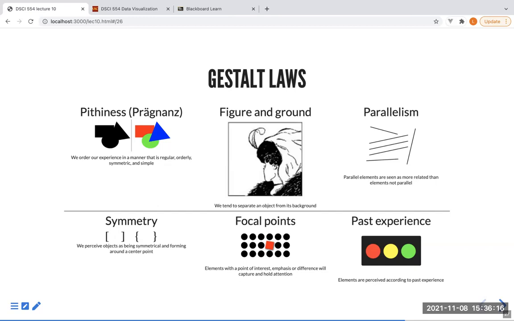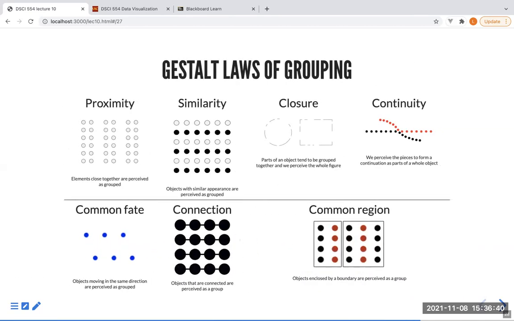And then the past experience has to do with the fact that we use what we have in memory to understand objects. So this is looking like a traffic light, because we see those colors in a traffic light, and we don't see it as a black rectangle with 3 dots of different colors.